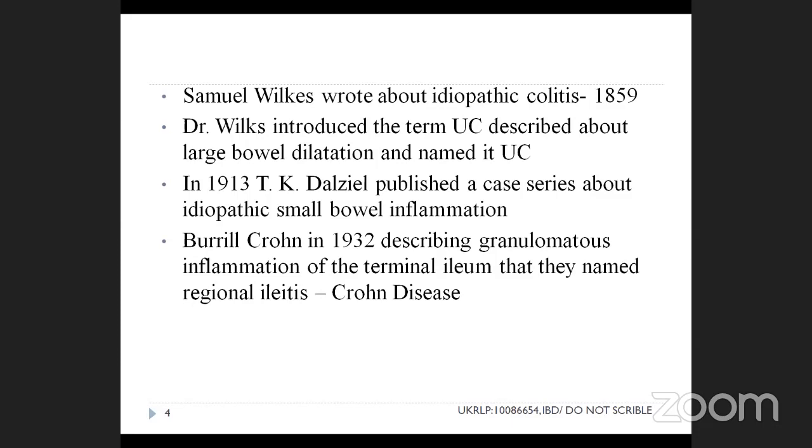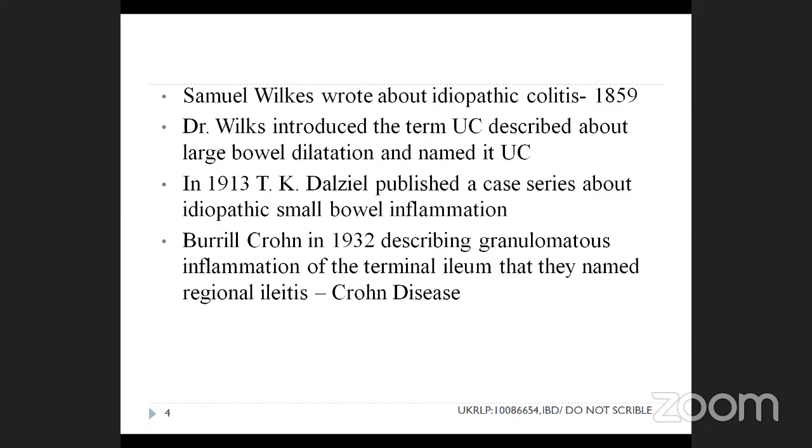In the year 1913, T.K. Dalziel published a case series about idiopathic small bowel inflammation, following which in 1932, Burrill Crohn, under whose name Crohn's disease was named, gave the description of granulomatous inflammation of the terminal ileum, and named it regional ileitis, which is otherwise called Crohn's disease.